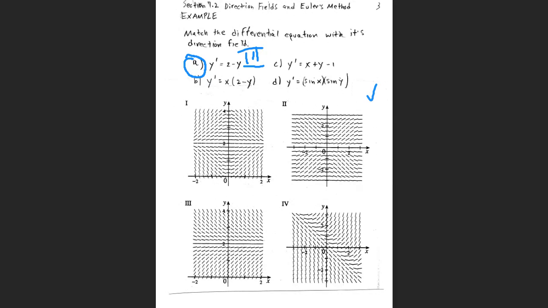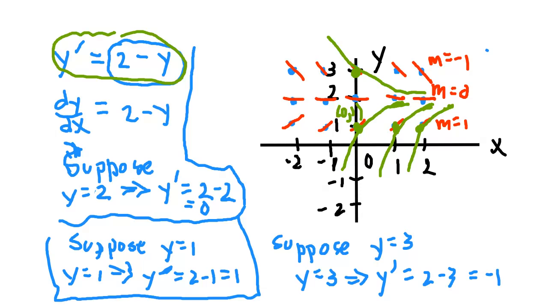Okay, let's look at B. Let me go back to the whiteboard and write down that differential equation. I'm going to clear this one. It's in the recording.